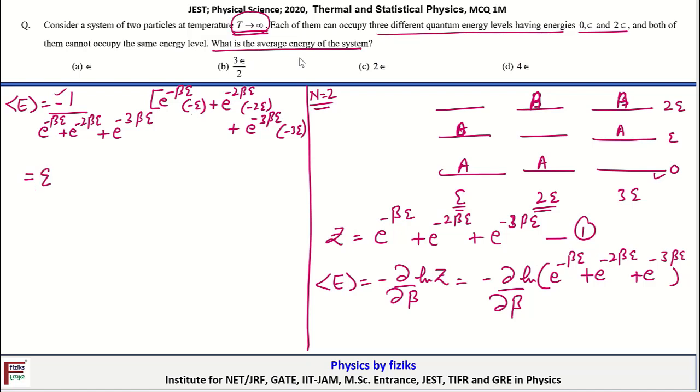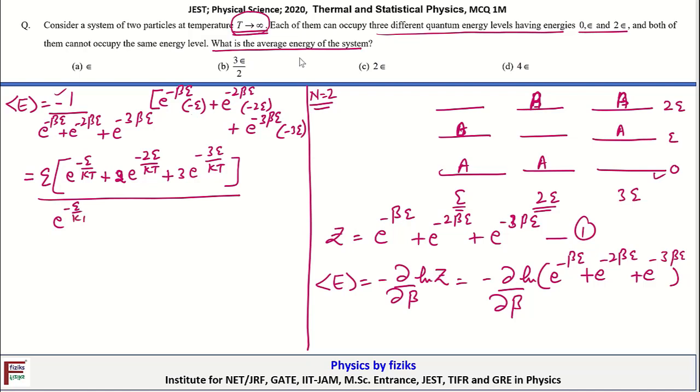So E multiplied by exponential minus E by kT, plus 2 exponential minus 2E by kT, plus 3 exponential minus 3E by kT, divided by the partition function, which is exponential minus E by kT plus exponential minus 2E by kT plus exponential minus 3E by kT. So now we have a general expression for the average energy. Let's call this equation 2.